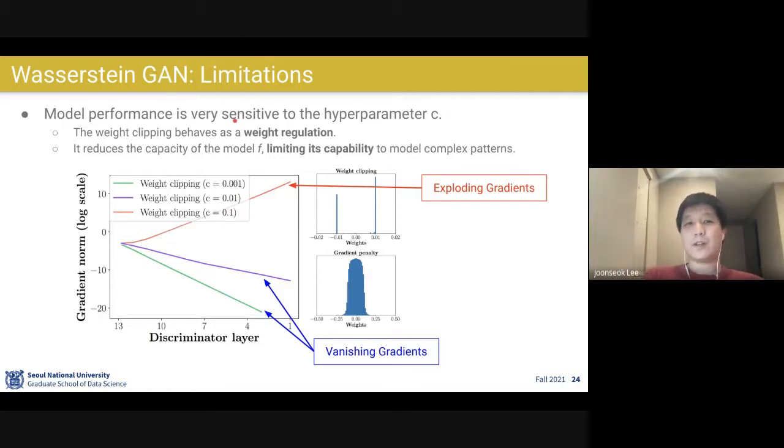That was actually causing the problem. The model needs to specify this C as a hyperparameter, but it was too sensitive to that. If we set it too small, then the vanishing gradient happened. And if it's too large, then the gradients exploded. It was too hard to find the right value of C because we don't know what the weight values will be once we train the model.